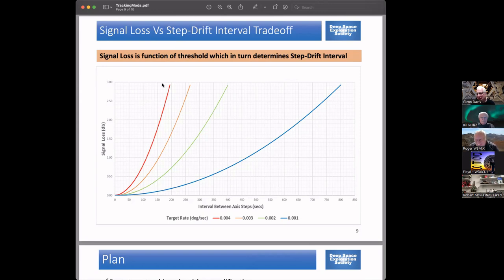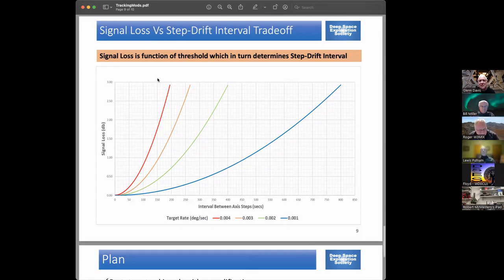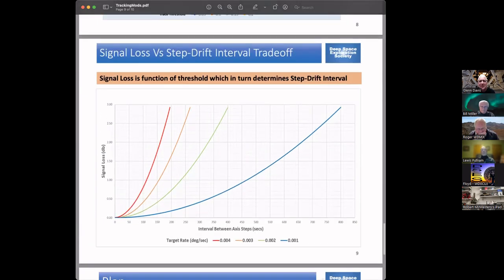Well, what I would say in terms of wear and tear, actually I was going to talk about slewing to the target, but I kind of forgot it. When we slew, we command the mount on the azimuth axis to 0.4 degrees per second, which is about half of the commanding range.